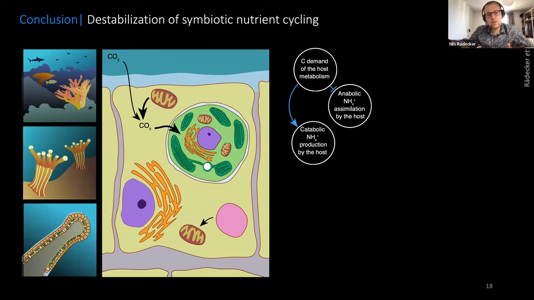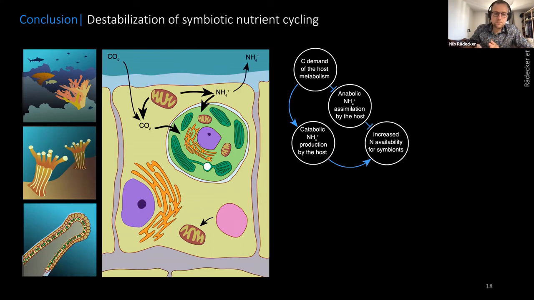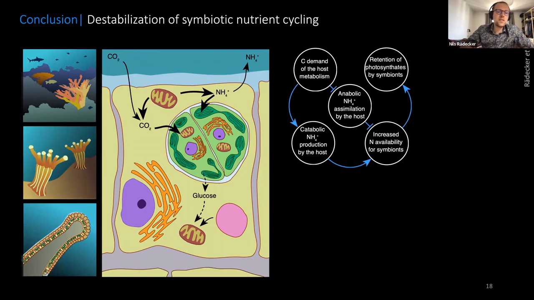As a consequence, we shift from a net ammonium uptake to a net ammonium release in the metabolism, which in turn increases the nitrogen availability for these algal symbionts. Happy to be deprived of the nitrogen limitation, these algal symbionts can now invest their photosynthetic carbon into their own growth rather than translocating it to the host.